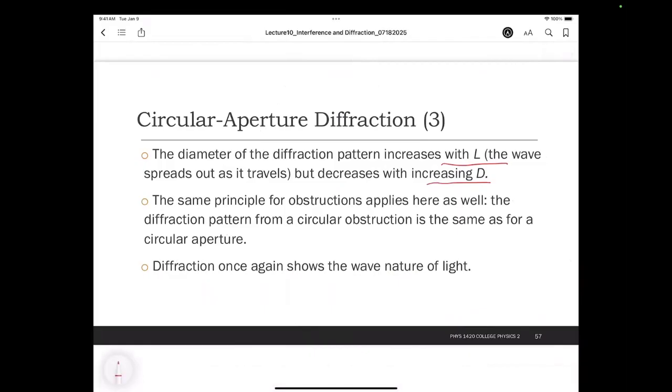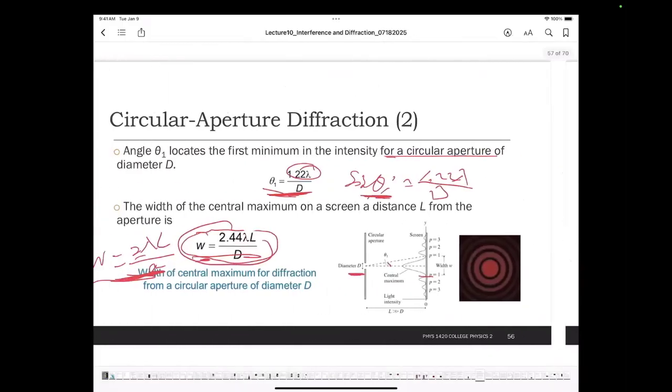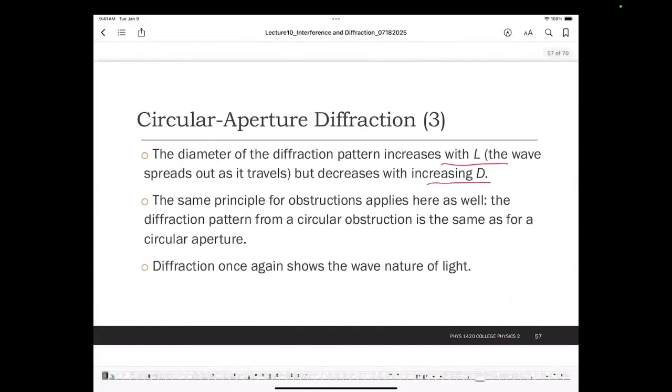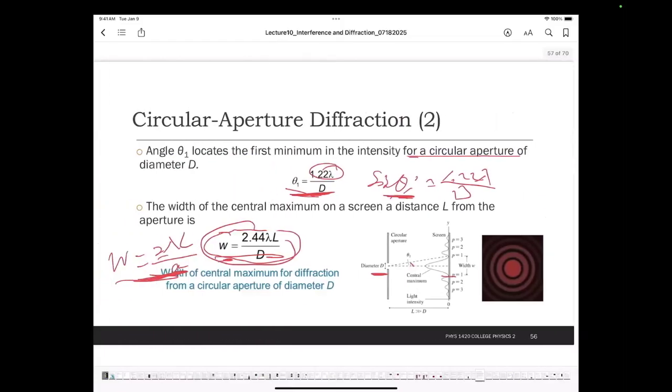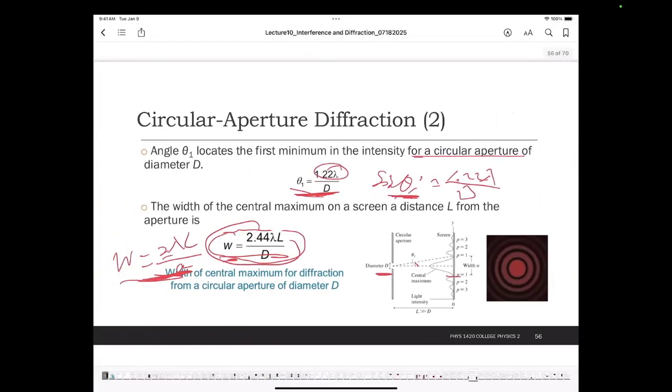Sorry, I need to add more details for this one. Here, this one. W equals what?